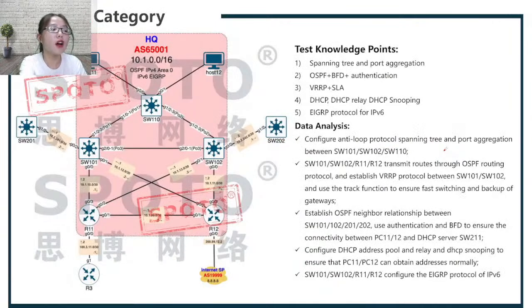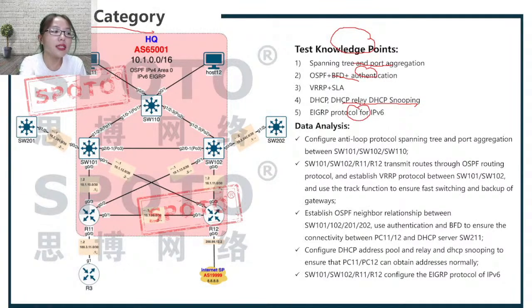So let's see. The first part is the HQ category. In this part, the technical points involved are spanning tree and port aggregation, OSPF, BFD and authentication, VRP, LSA, DHCP relay and snooping, and the EIGRP protocol for IPv6, and so on.